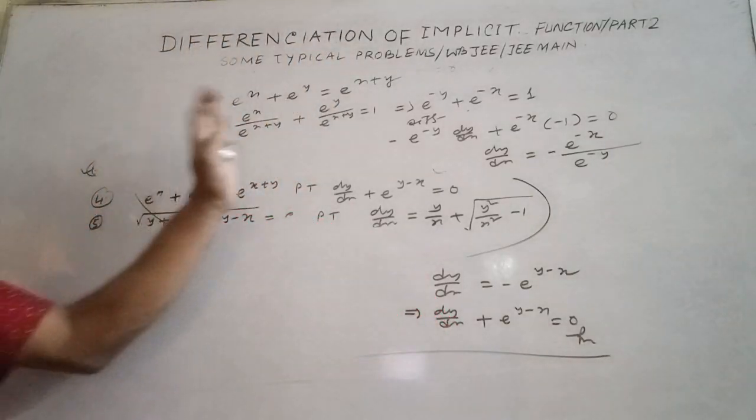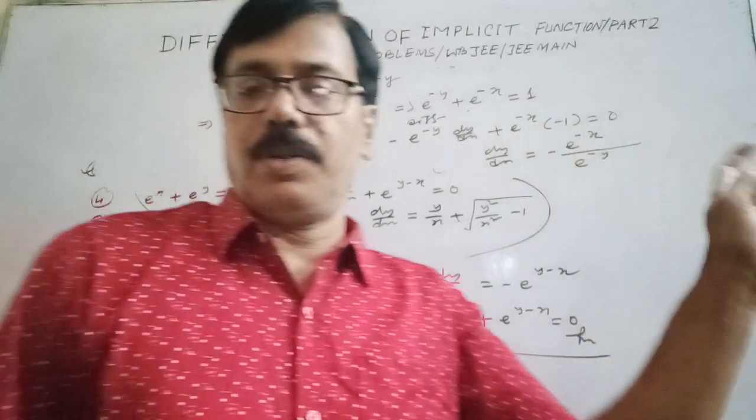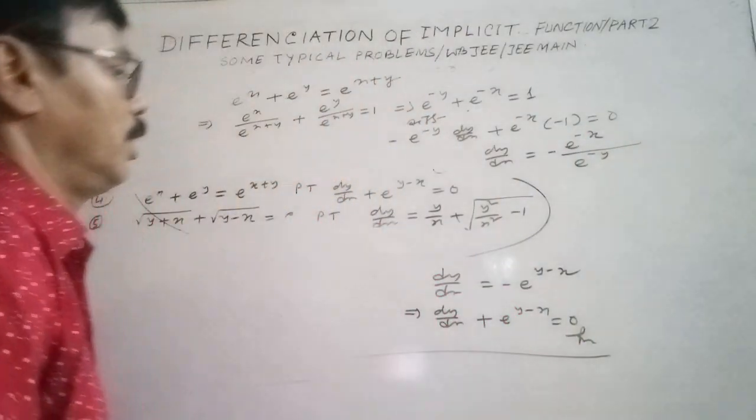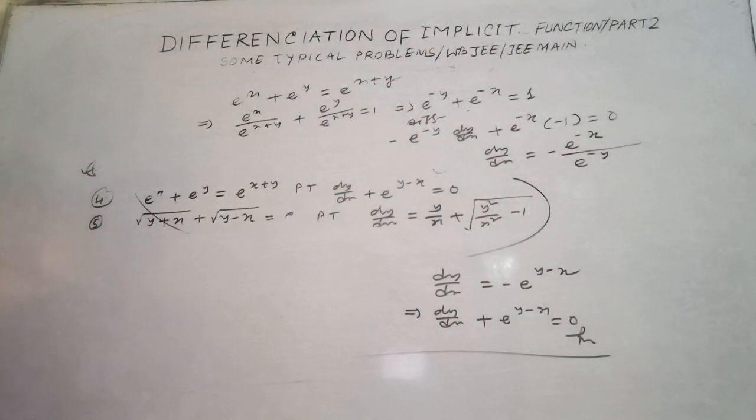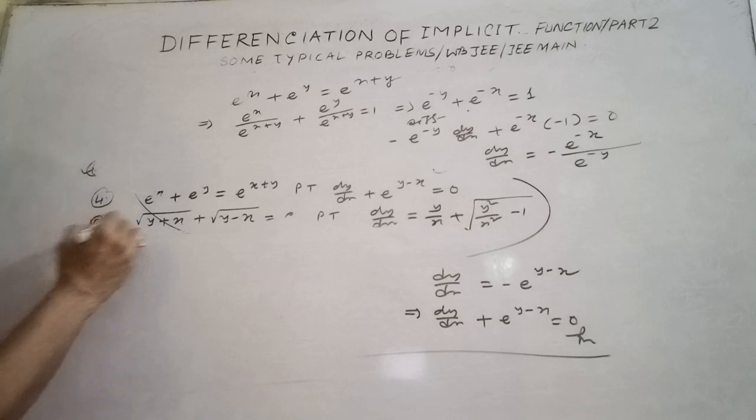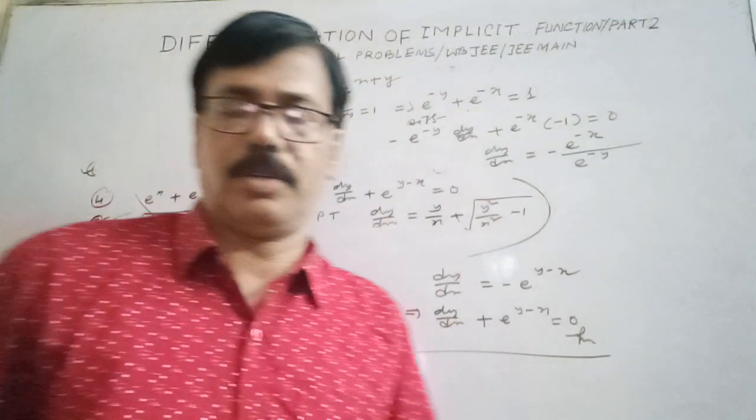You can take the direct derivative also, but if you divide it by e to the power x plus y, it will be x. So you complete problem number 5.